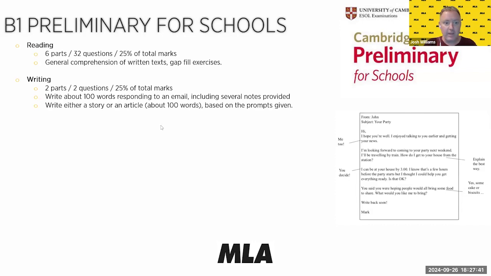Someone asked about the word count. The word count is 100 words. It says about. They will penalize you if you don't do enough. If you're doing less than 80, first of all, it's going to be hard to include everything they want in considerably less than the word count.